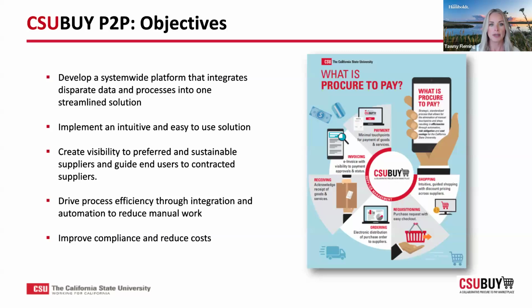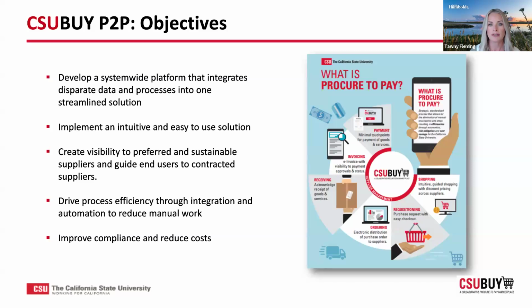The objectives of P2P are centered around creating a streamlined, integrated platform that simplifies and enhances how we manage procurement and payments across the CSU system. The graphic on this slide visually represents the entire procure-to-pay life cycle and the key functions that P2P supports.